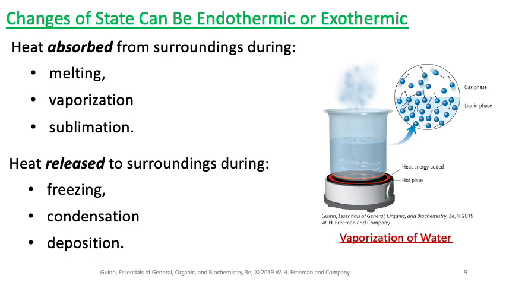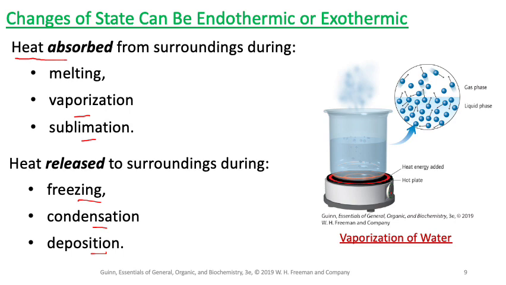So now let's talk about the different processes that we discussed on the previous couple of slides at the beginning of this PowerPoint. We learned about 6 processes: melting, evaporation, sublimation, freezing, condensation, and deposition. And we're going to talk about in which processes the energy or heat is being absorbed, and in which other processes it is being released to the environment or the surrounding.